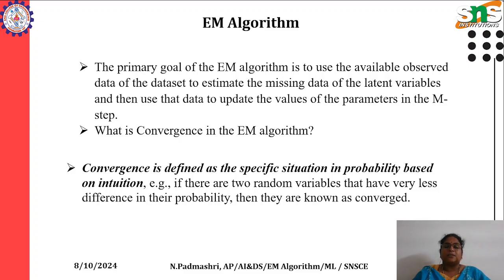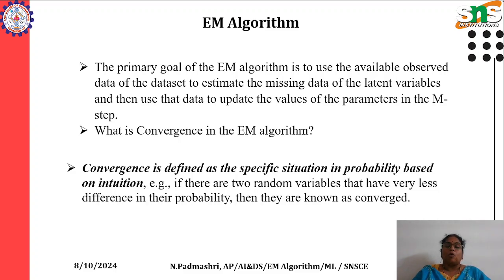As I already explained in my previous EM algorithm video, we have two kinds of variables, observed and unobserved. Observed variables are the variables whose values we can predict. Unobserved variables are the variables that we are not able to predict.